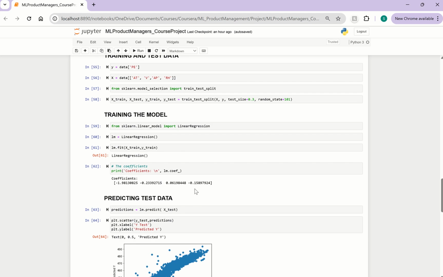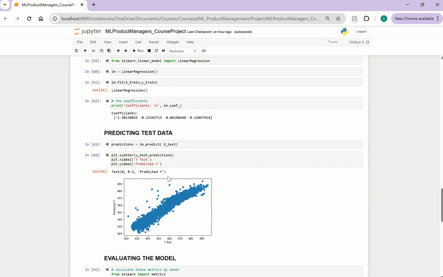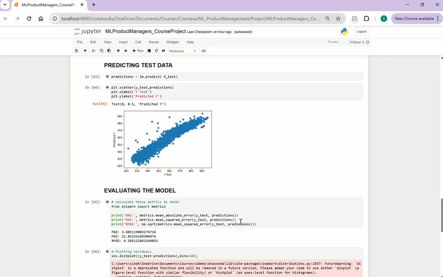Once I trained the model, I predicted the energy output in our test data set, and plotted the predicted energy output against the actual energy output. You can see that there's a pretty strong correlation, which suggests that the model is pretty effective in predicting the energy output based on how we've trained the model.